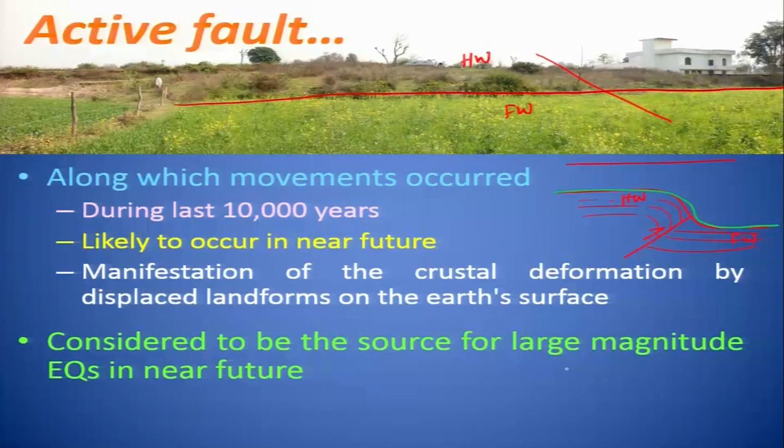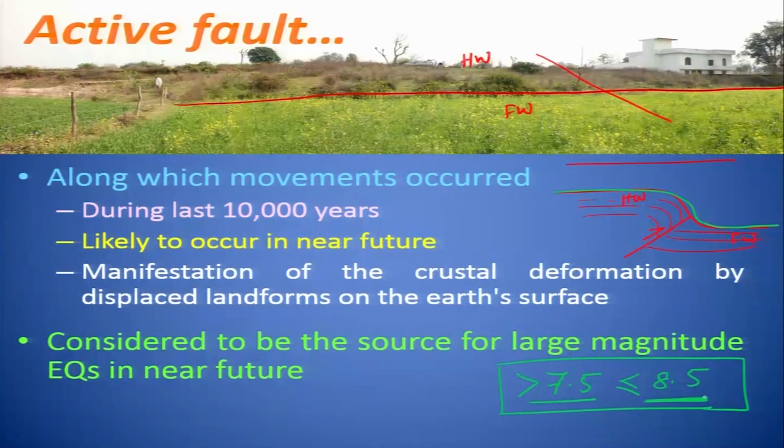However, the large magnitude earthquakes which we are talking about here in Himalaya can range from greater than 7.5 to less than or equal to 8.5 or so. These earthquakes fall under the category of large and great Himalayan earthquakes.